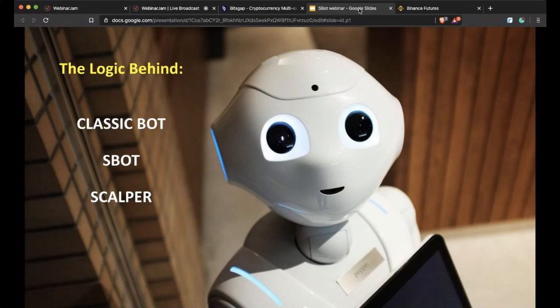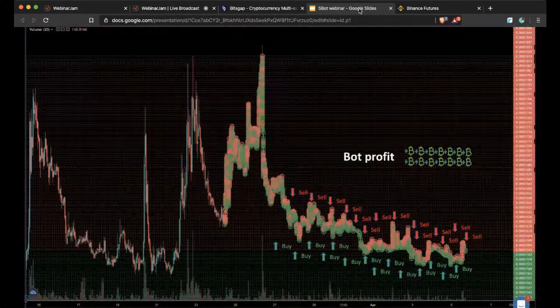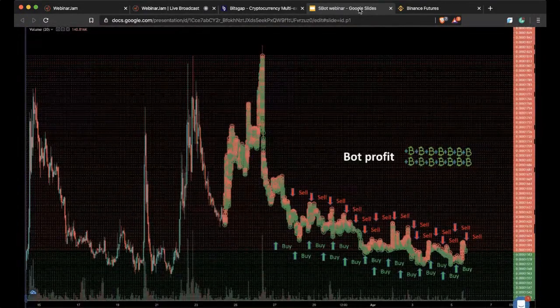Okay, so the question is, what is the logic behind the classic bot, the S bot, and the scalper? But before I start, let me tell you that certainly when it comes to high frequency trading, there are advantages. There is no behavioral bias.